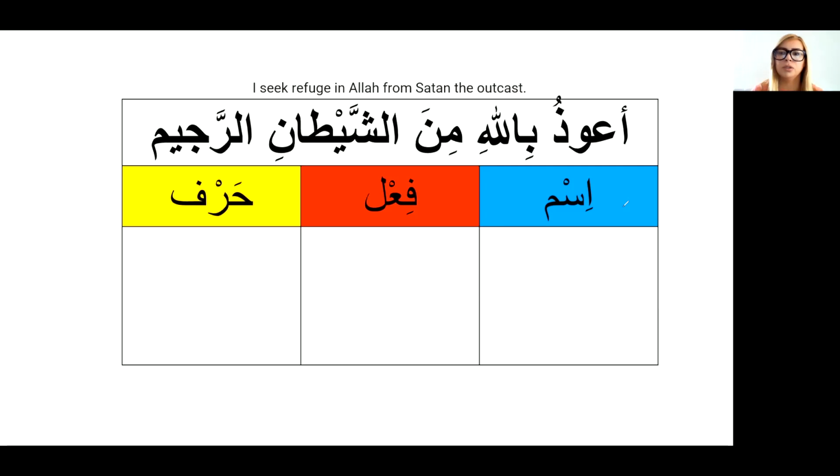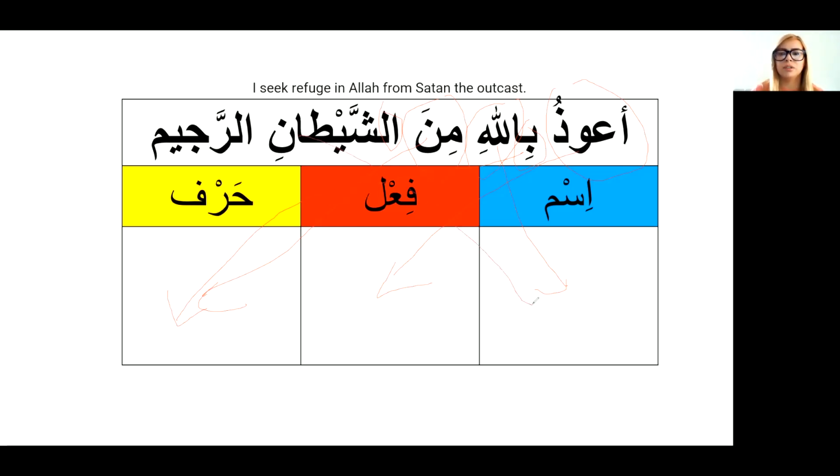Okay, so if we do it together, أعوذ, that's a verb. B, that's a particle of jar, حرف. بالله, Allah, so is obviously the name of God. Min, حرف جر. الشيطان, so we know from the alif lam, and it came after حرف الجر, and we can see the kasra is a sign that it's اسم مجرور.